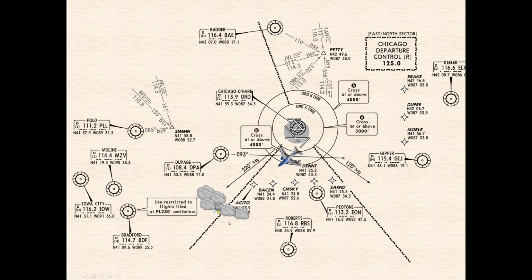What they put on our scopes can be old, it can be in the wrong location, it can be very imprecise about the width, the height. We don't really have any height or base information, and really rely on the pilots to say, we can climb over it, we can go around it, we need to deviate this way, and so on. So this guy's kind of wishy-washy about what he wants, but finally lets him know he can deviate.